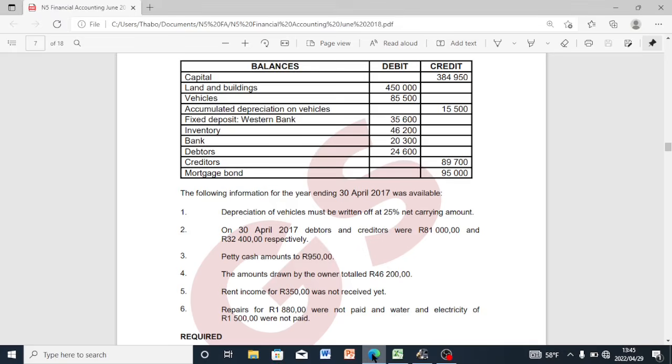By the look of things, we don't have any accrued expenses or anything else regarding our creditors. As you can see, this one is for drawings.